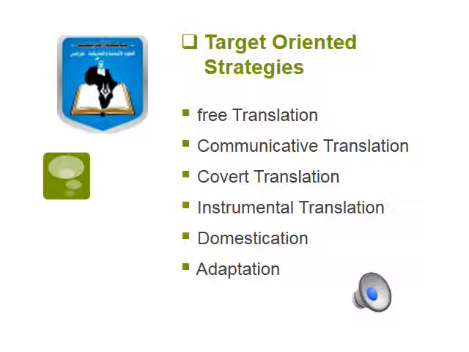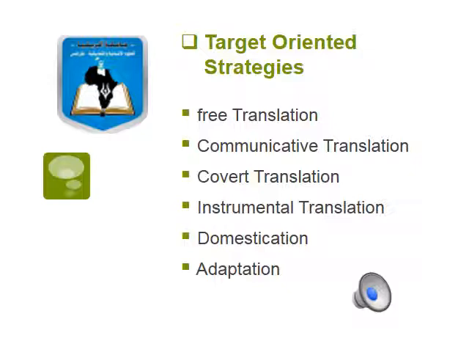And now we turn to get to know domestication as a target-oriented strategy. It's a translation strategy identified by Venuti, a scholar, as opposed to foreignization.